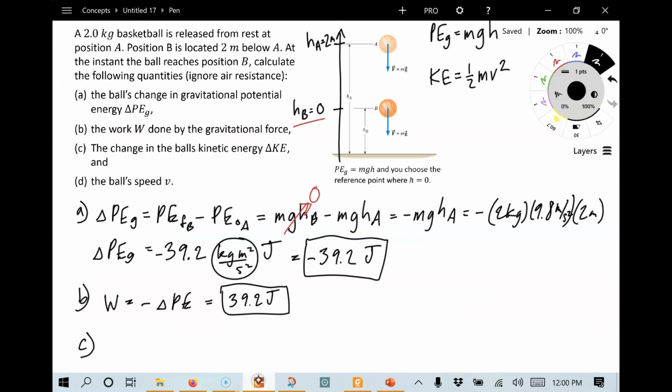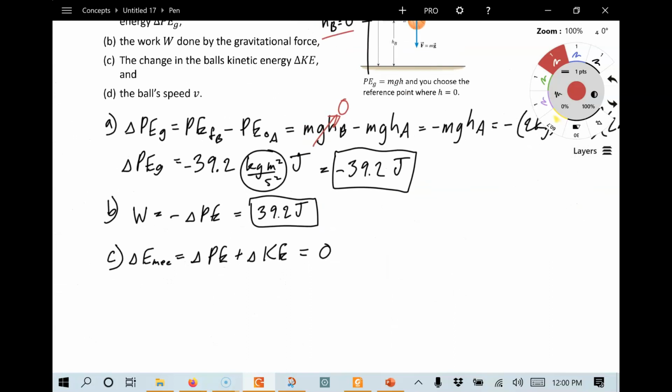So the change in the mechanical energy is the change in the potential energy plus the change in the kinetic energy, and that's going to be 0 for a conservative force, right? In other words, if the PE goes up, the KE goes down by an equal and opposite amount, and vice versa.